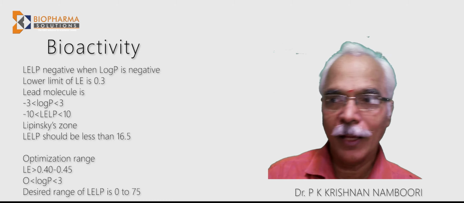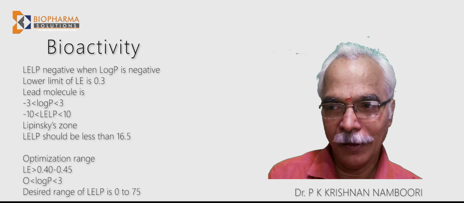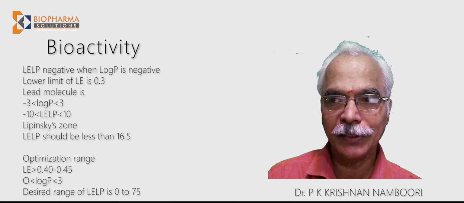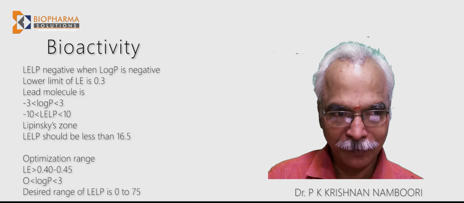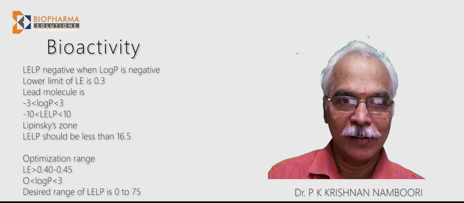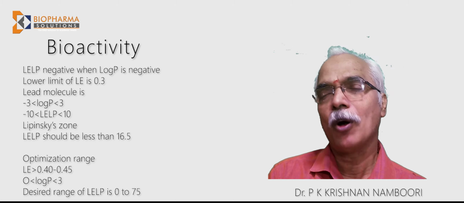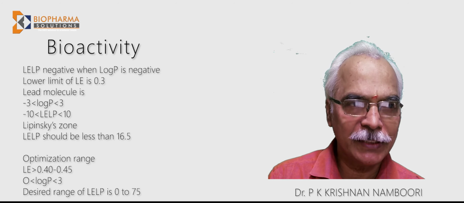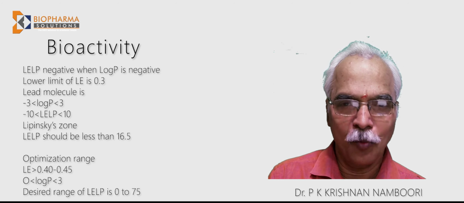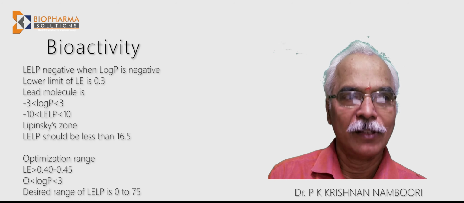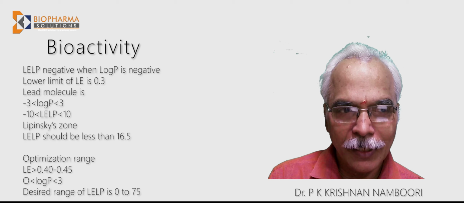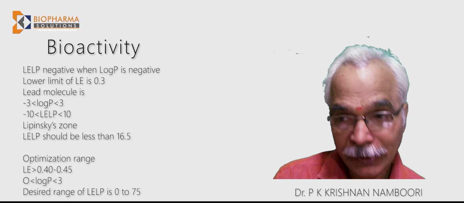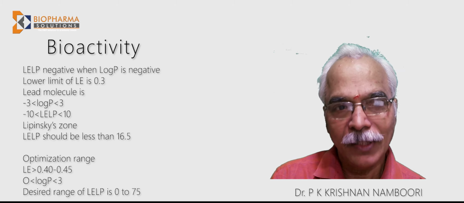But based upon later classification and data mining results, we got it as up to 10. So in most lead discovery projects, what we see is that the closer LELP is to 0 in the positive range, the better.